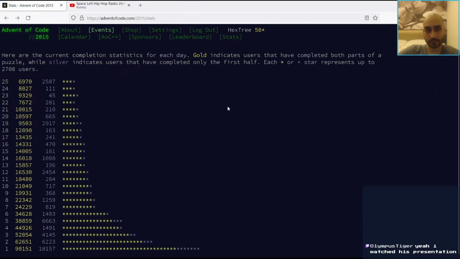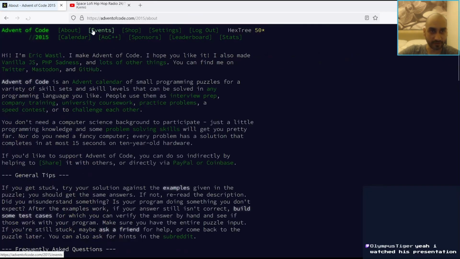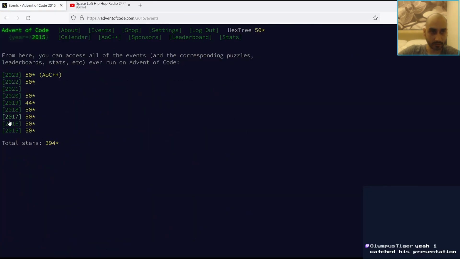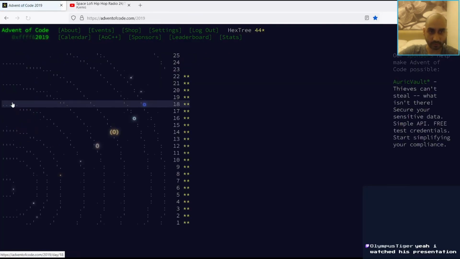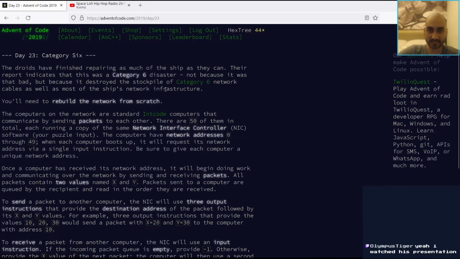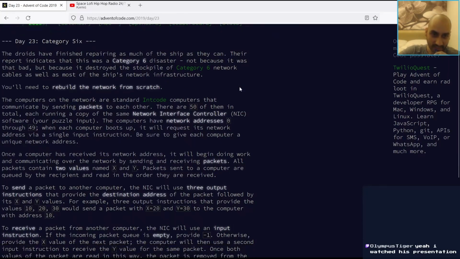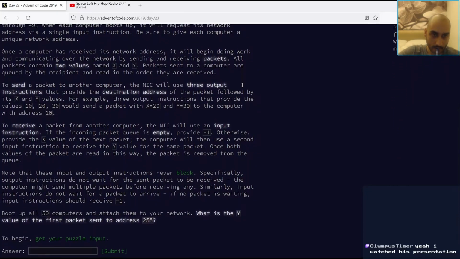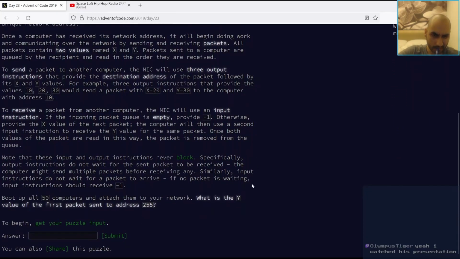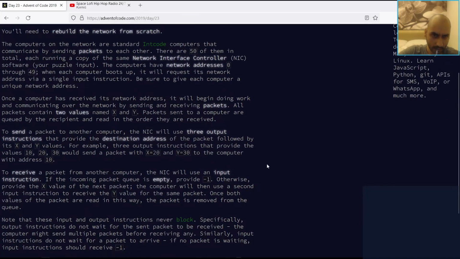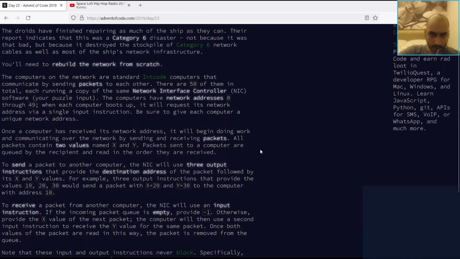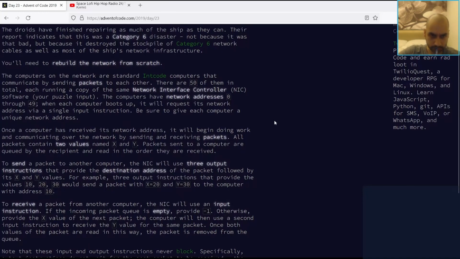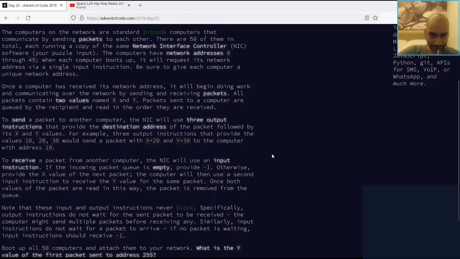Okay, should we take a sneak peek of the next problem that I might do tomorrow? 23. I hope this is an easy one. I just want it to be easy. Oh, it's going to be an Intcode. Don't know what this is about.